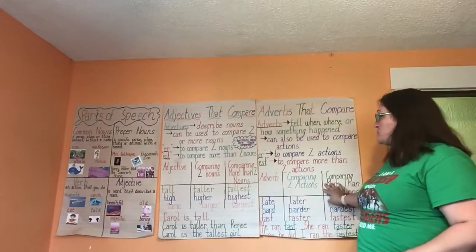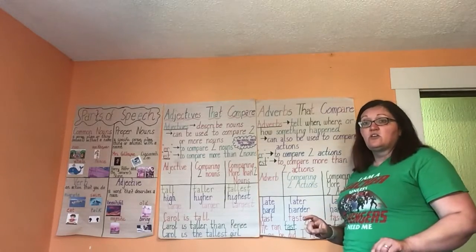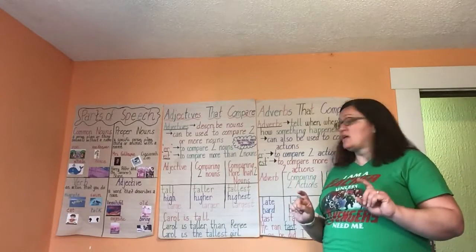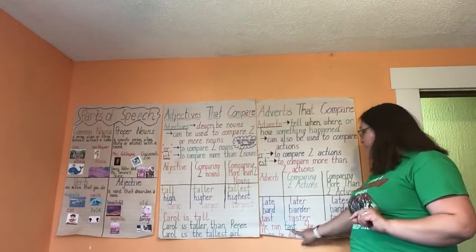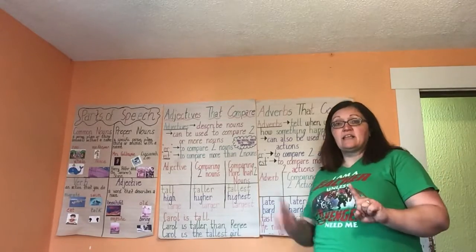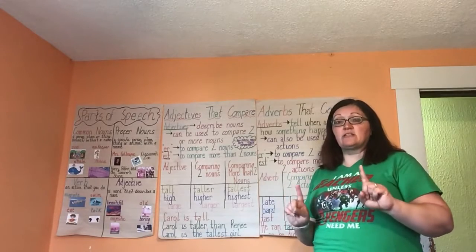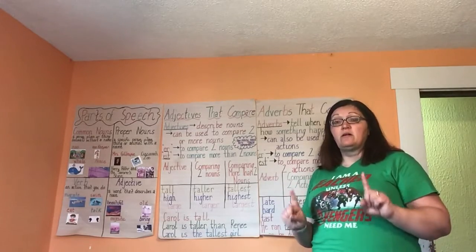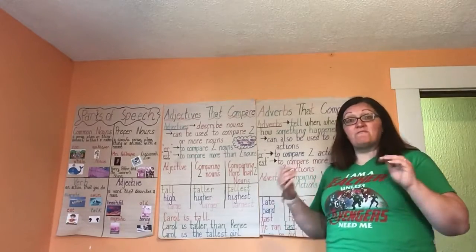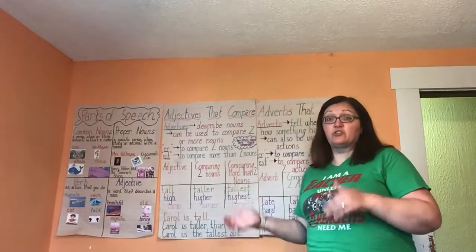Same thing with adverbs. We add ER to compare two actions. So if we're comparing the action of fast or faster, she ran fast, he ran faster than her. Those are two actions that we're comparing by two different people, and it could be the same person too. I could say I ran fast, and then I could say I will run faster tomorrow.